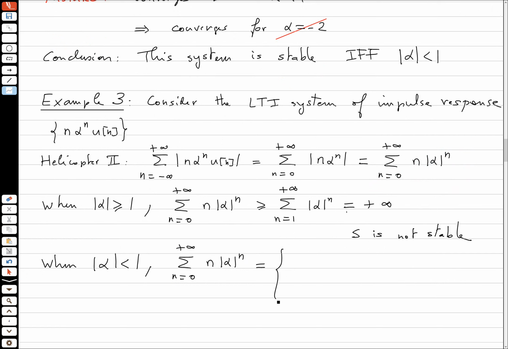I'm going to propose 3 answers. Because of the n, it diverges, or it converges, or not enough information.